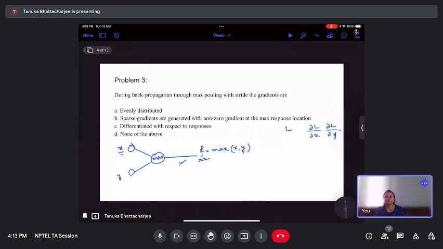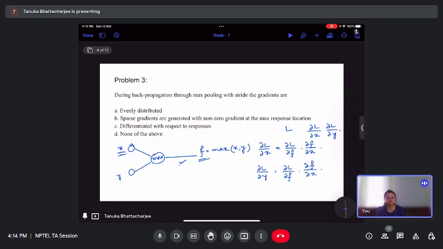So, when you back propagate the error, if you want to compute, let us say first, del L del x, del L del x will basically be del L del f into del f del x. Similarly, del L del y will be del L del f into del f del y. Now, we do not know the particular loss measure in this case.